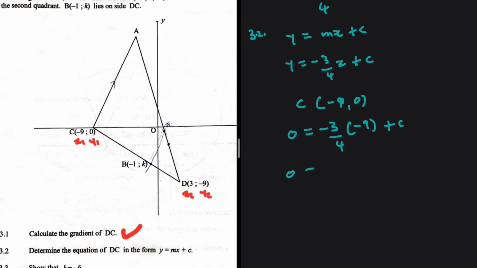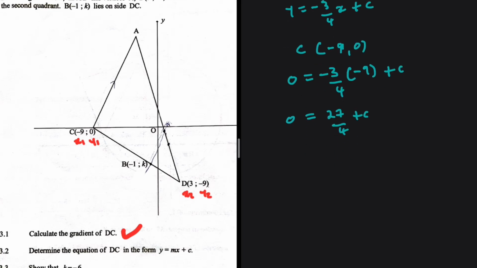So we have 0 being equal to minus 3 multiplied by minus 9, that is plus 27, 9, 18, 27, right? Divided by 4 plus c. Should be easy to see that c is equal to minus 27 over 4. So what is y? y is equal to minus 3 over 4 x minus 27 over 4. There we go. We have the equation of DC.